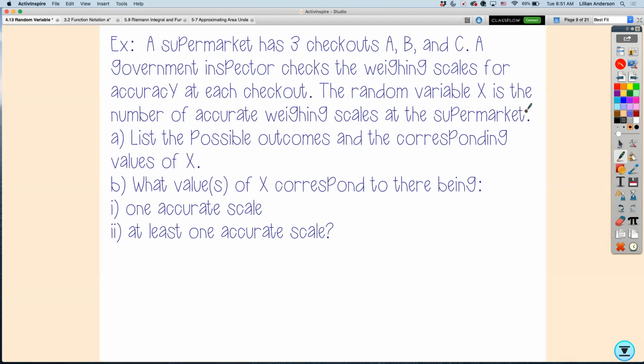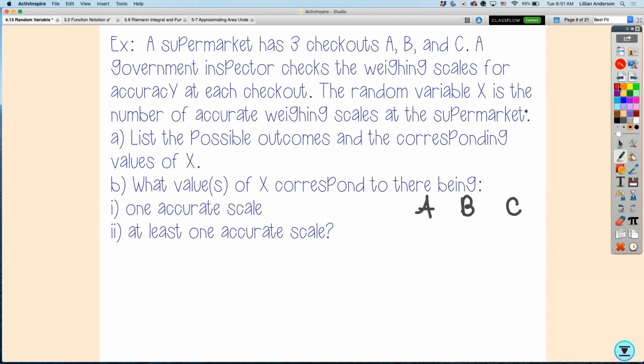So at this supermarket, we have 3 checkouts, A, B, and C, and this person's coming in to check to make sure that the weighing scales are accurate for each checkout. So this person could check scale A, scale B, and scale C. What's something that could happen? They're inaccurate. All of them are inaccurate, right?